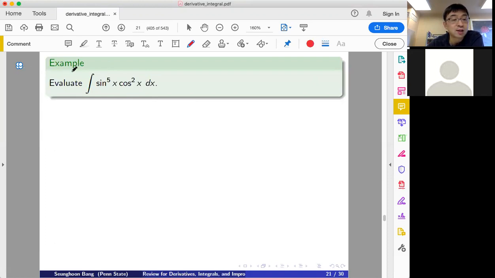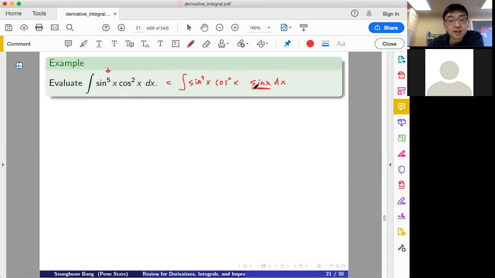Which one has an odd power? 5 is an odd power, step 1. You save one sine x from the odd power. The next one, you can change sine to the 4th x cosine squared of x.